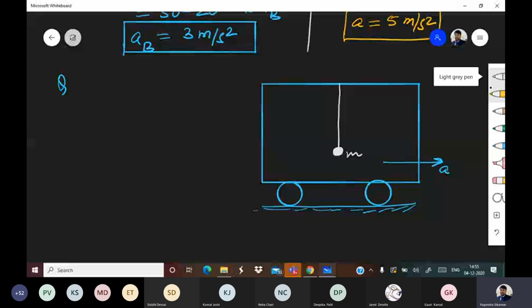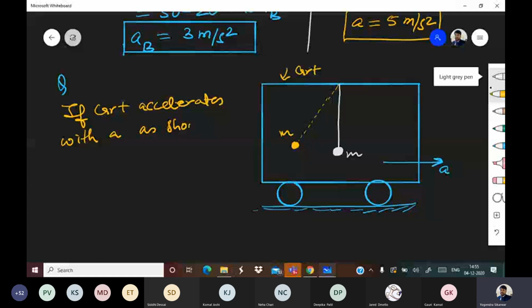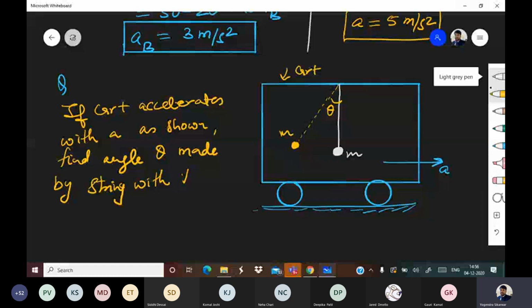So if the cart accelerates with A as shown, find angle theta made by the string with the vertical. Okay, please find.